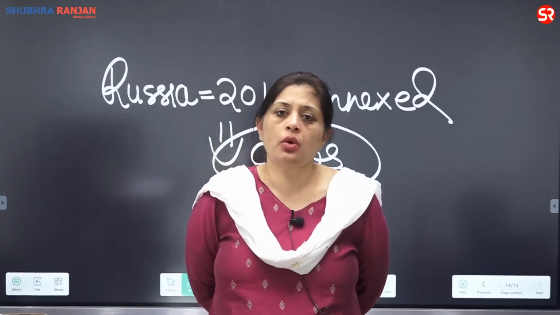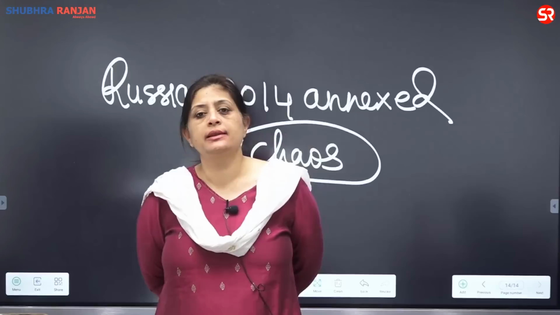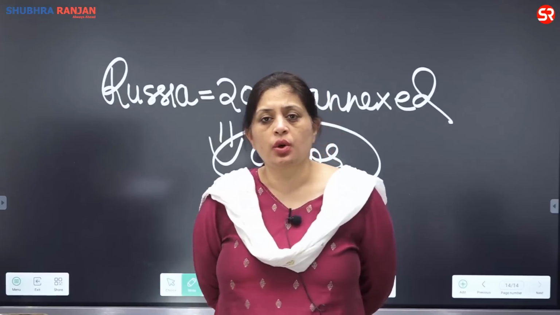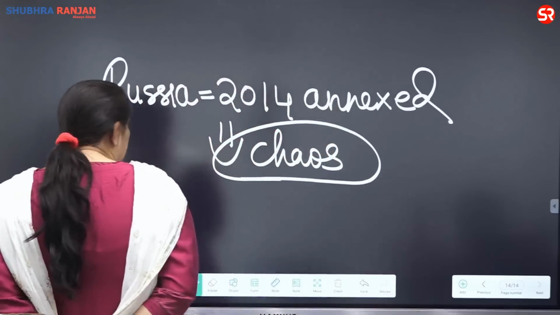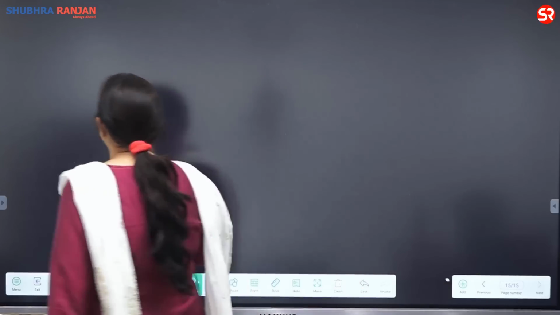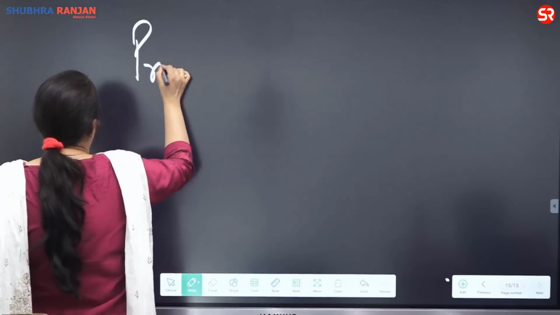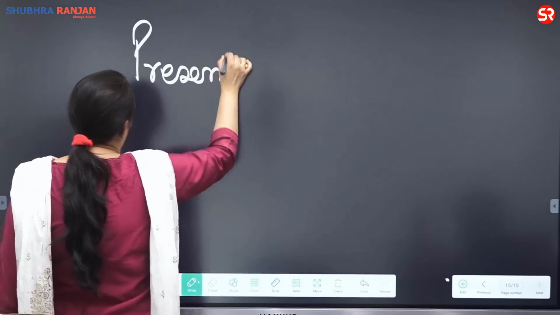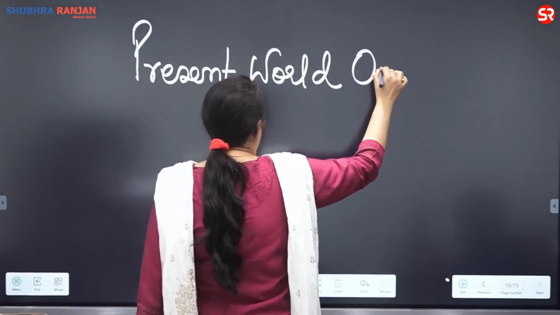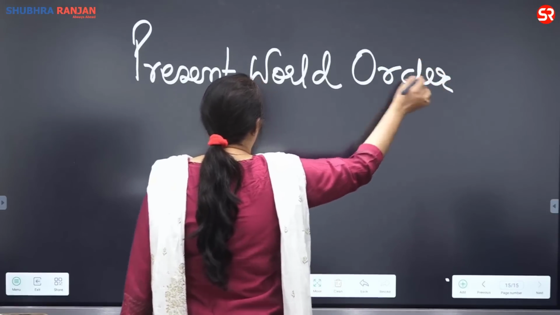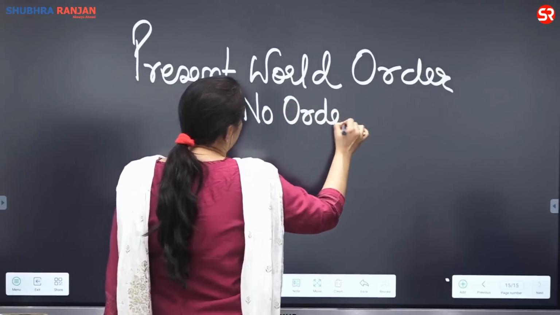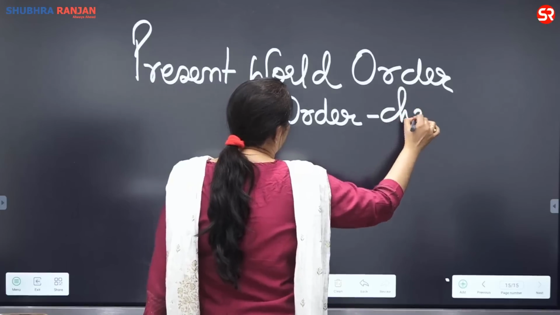So, how do we define the present world order? The present world order can be defined as, actually, there is no order, and it is all chaos.